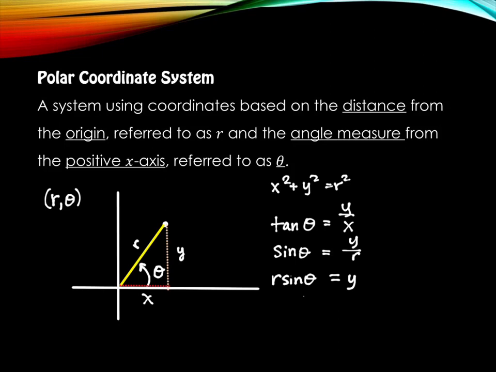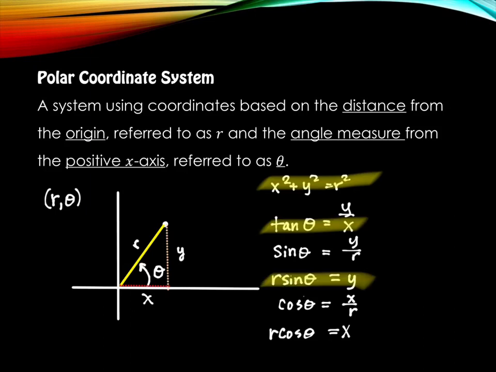We can do the same thing with cosine. Cosine of theta would be x over r, and similarly, we could rewrite this as x is equal to r cosine theta. So moving between polar and rectangular coordinates is going to be using typically these four conversions. We don't need them all at the same time, but we just use the one we need when we need it.